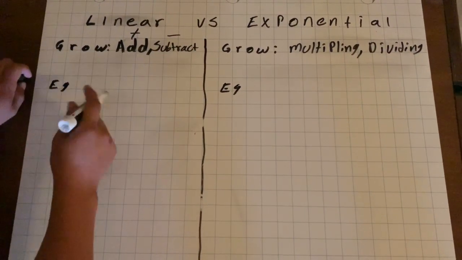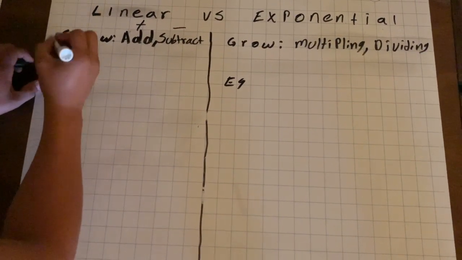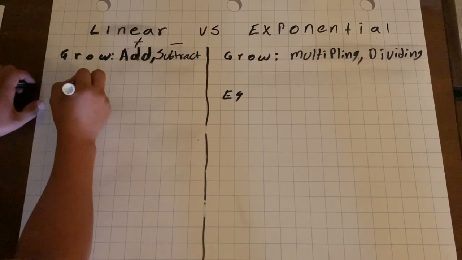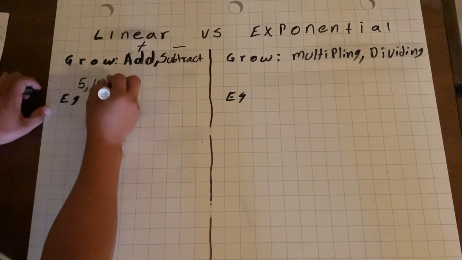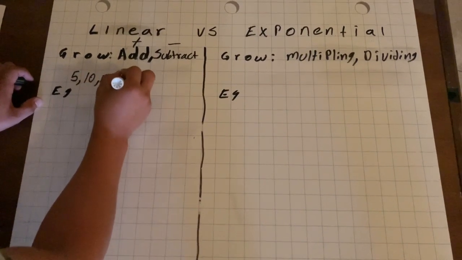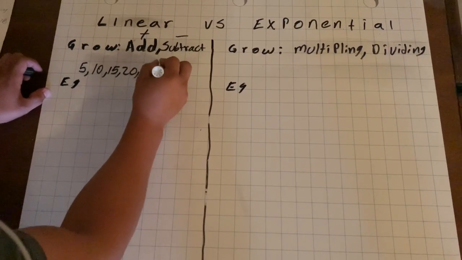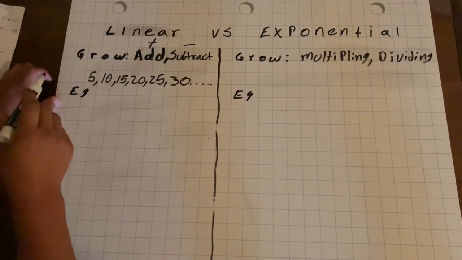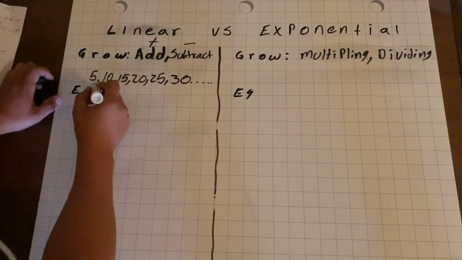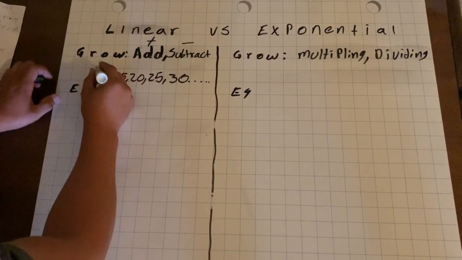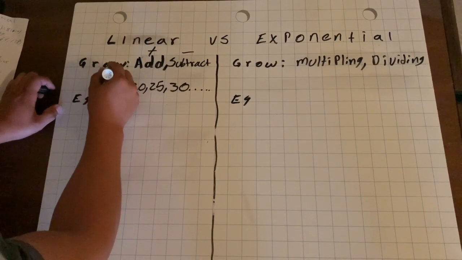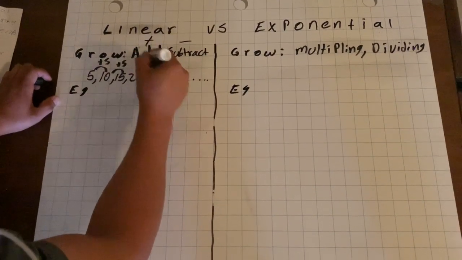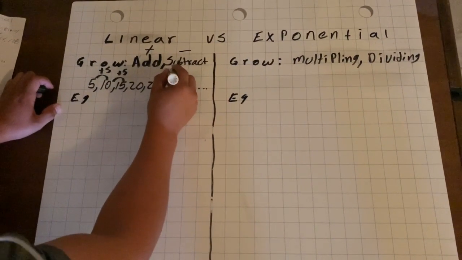Here's an example of linear: 5, 10, 15, 20, 25, and 30, and you keep going. As you can see, it's adding by 5. So every time the number moves, it's adding 5.